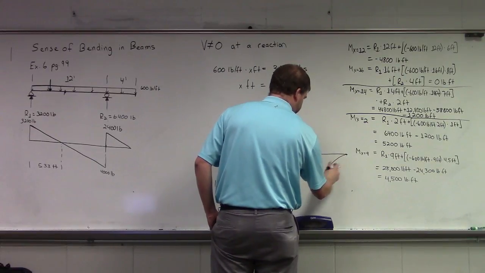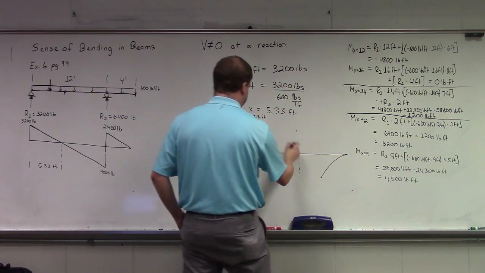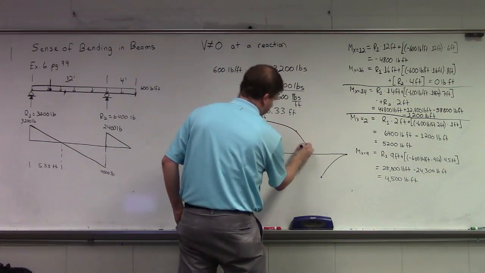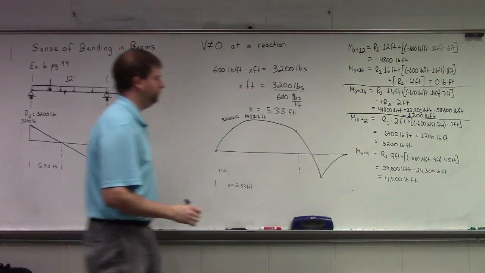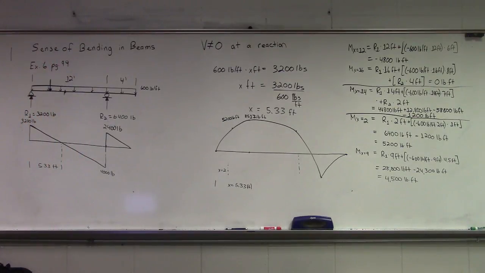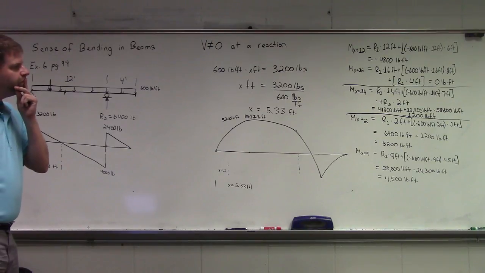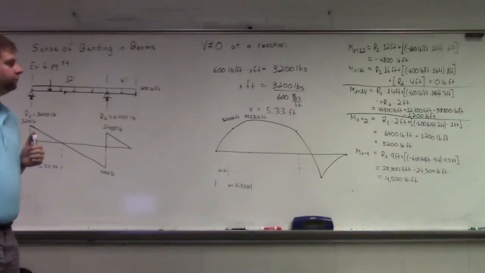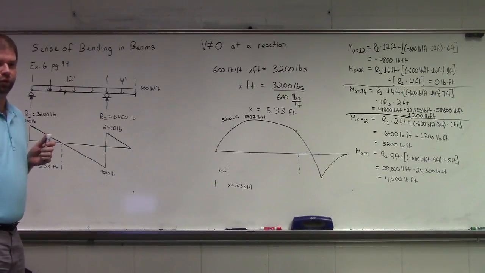So what we'll find is that we actually have a curve that looks something like this, okay? And draw everything together. Yeah, that's why we did the 14. What was the question, Terry?